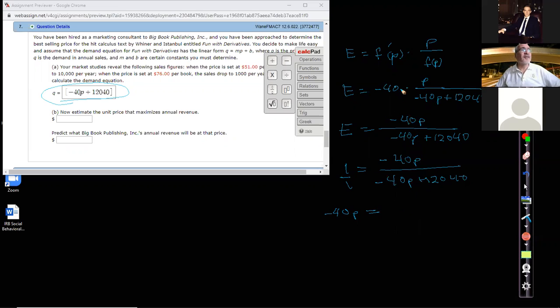Oh, one more error. The elasticity for demand has a negative in front, right? Negative, the derivative. So this negative 40 is the derivative. We have a minus 40, which makes it a positive. And I just noticed that because as we come over here, if I don't do that, the variable wipes out and our price is going to be 12,000, which is quite a price for a book. Okay.